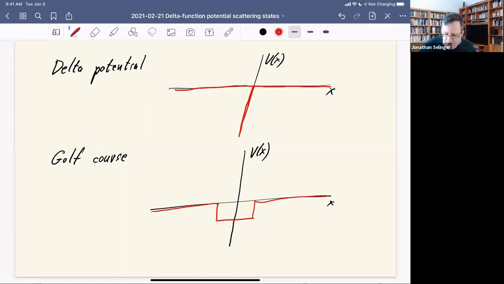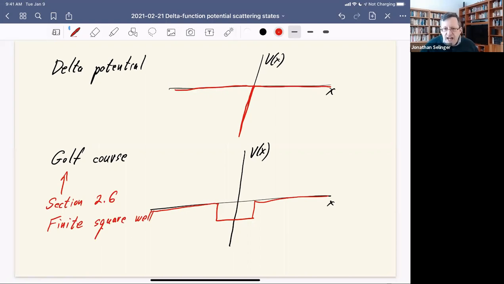And so if you want to go look for it in the textbook, this is in section 2.6. And it gets a better name. They don't call it the golf course potential there. They call it the finite square well.